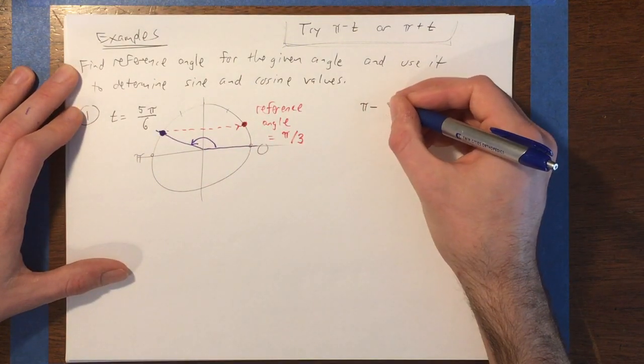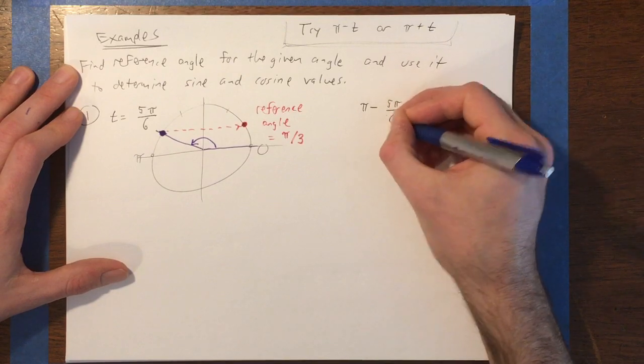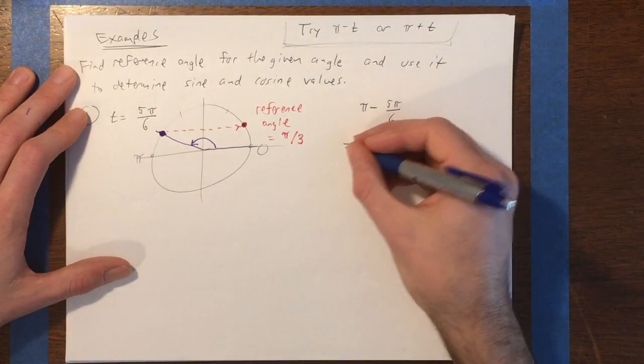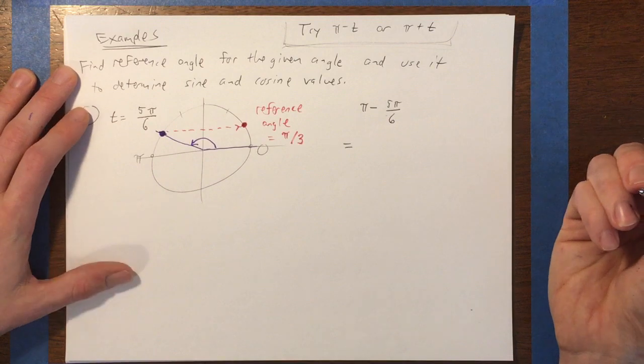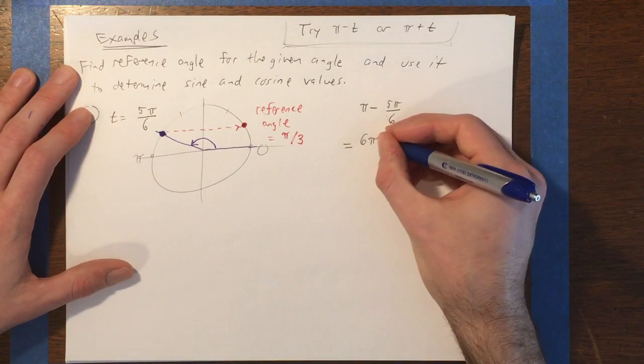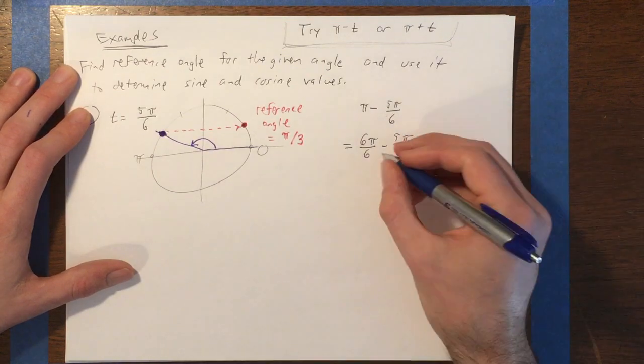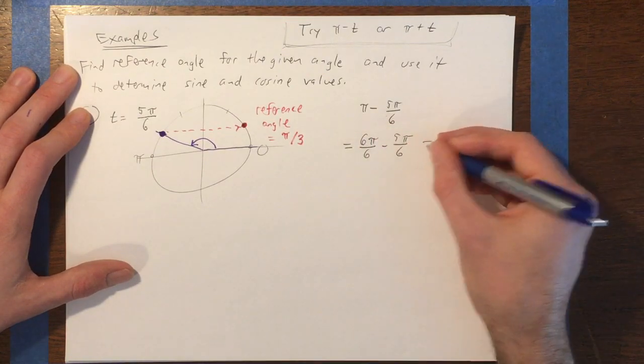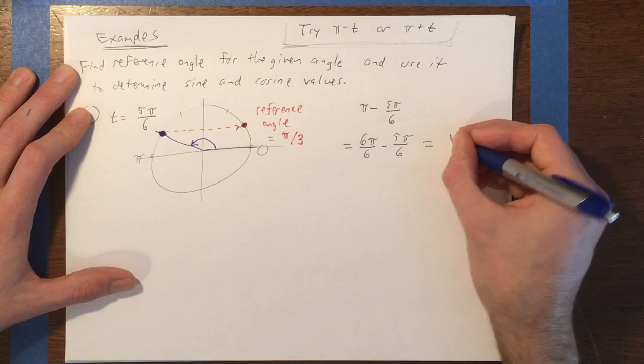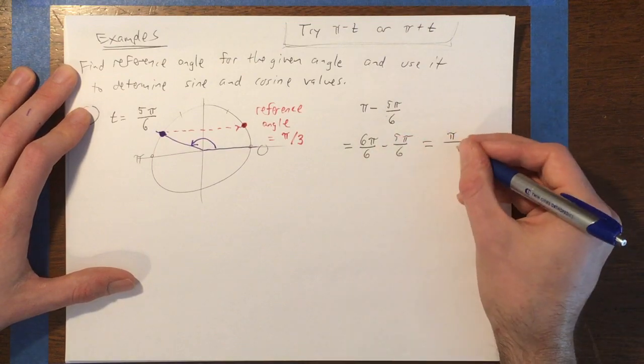Pi minus 5 pi over 6, okay? Let's get a common denominator to do that subtraction. 6 pi over 6 minus 5 pi over 6. And then 6 pi minus 5 pi is going to be 1 pi, and then that's over 6.